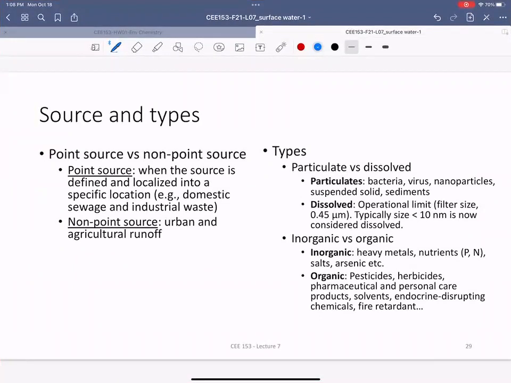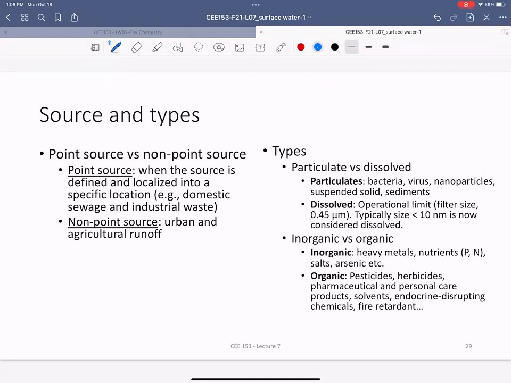Okay, so as I said, in surface water, what you're going to learn today is about BOD. What does that mean? We are going to learn. But in surface water, there are different types of pollutants. We learned that heavy metals are one pollutant, and dissolved chemicals are also pollutants. We also learned that bacteria or pathogens could be a pollutant. There are many different kinds of pollutants, and their source is very important when you design how to remove those pollutants.